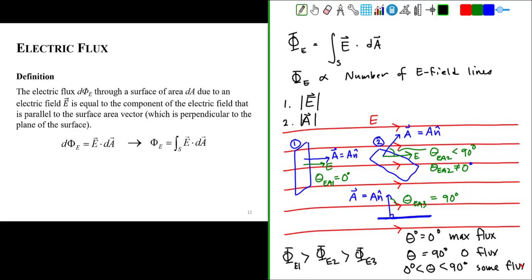Can you think of a trigonometric function that is a maximum at 0 degrees, a minimum or 0 at 90 degrees, and some value between a maximum and 0 for an angle between 0 and 90 degrees?